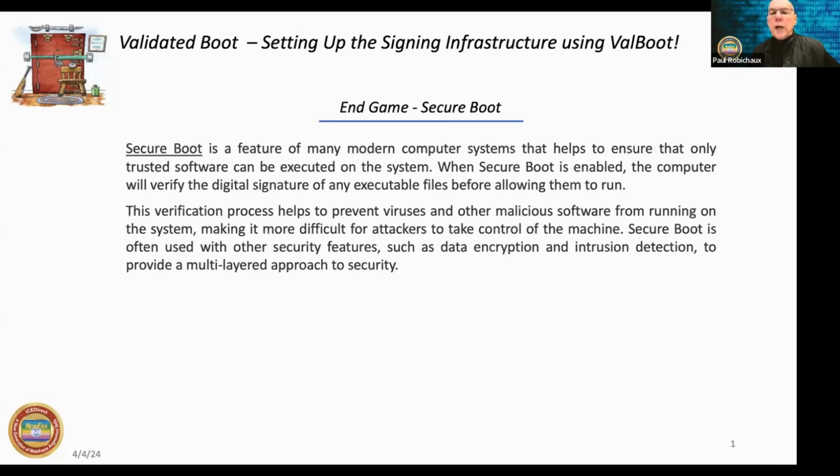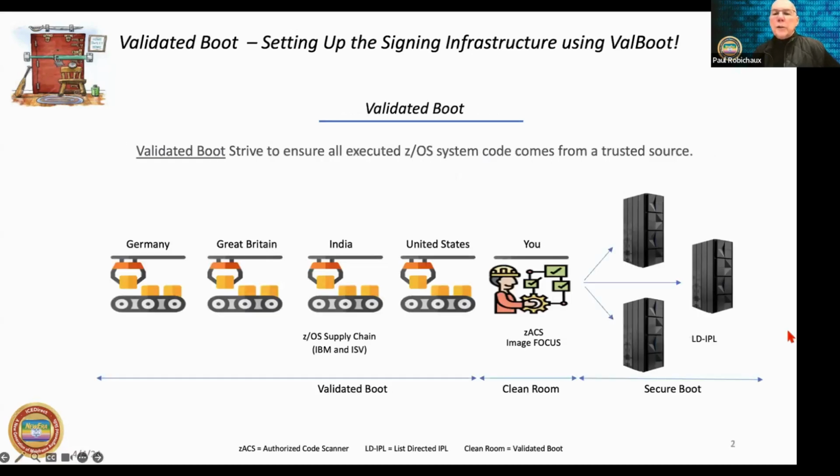So it's not a particularly new thing. It's been around for a while, but we haven't seen it on z/OS. Hold on just a minute, because in the case of z/OS, even though our supply chain is similar, there is a gap.